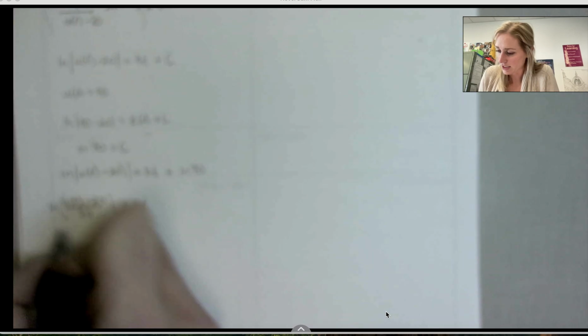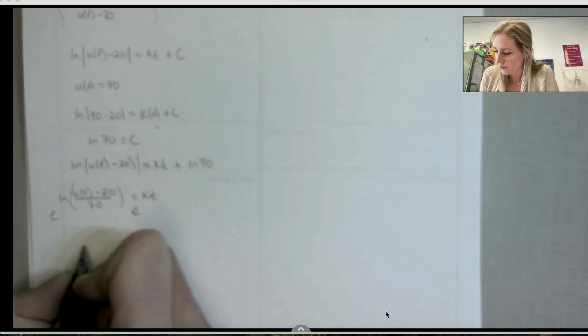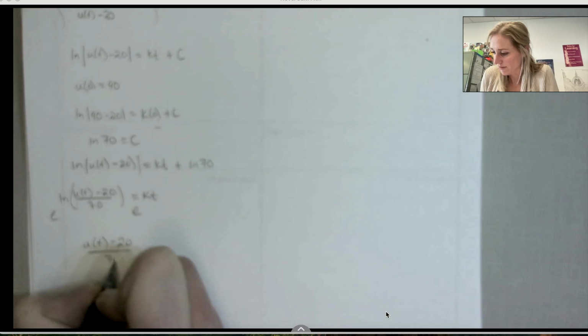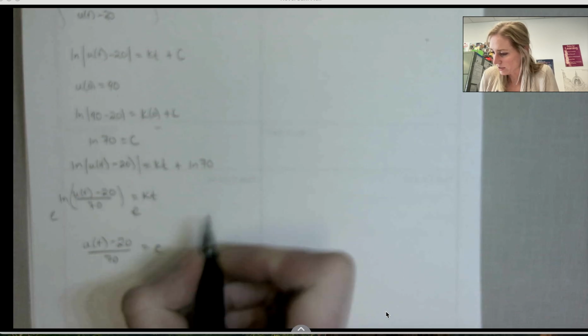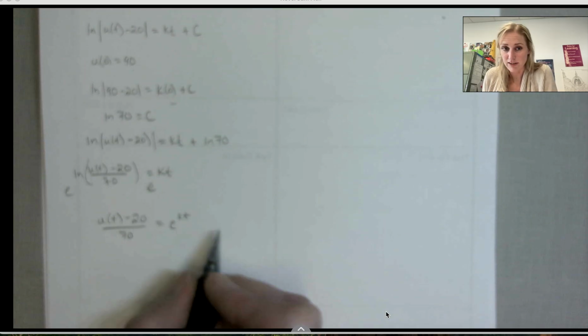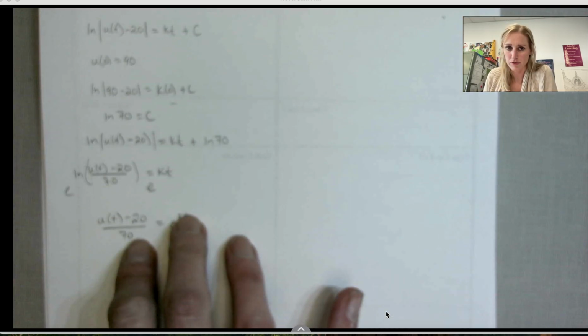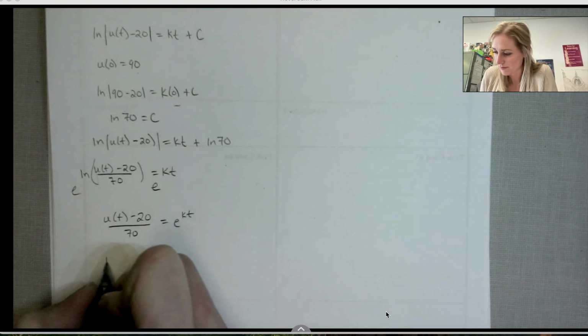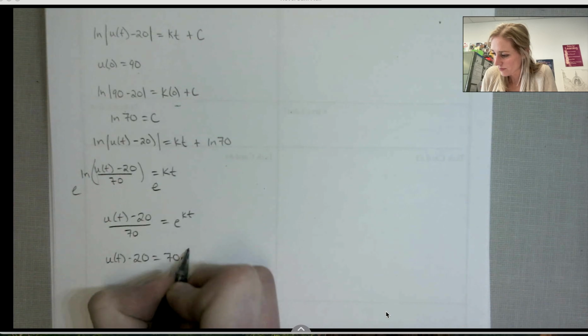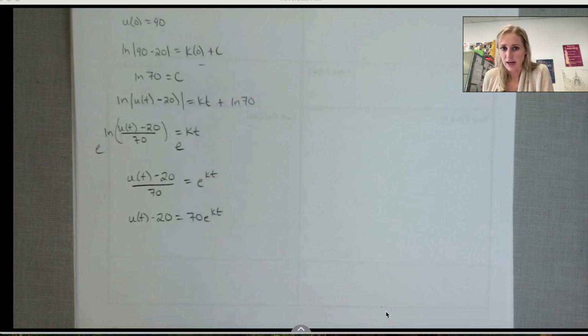Okay, I'm going to exponentiate both sides. So we have u of t minus 20 over 70 equals e to the kt. Multiply by 70, sorry, it got a little blurry. Multiply by 70, and then we add the 20.